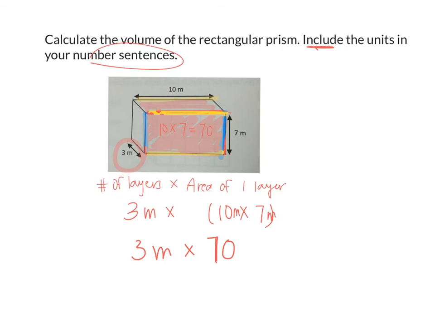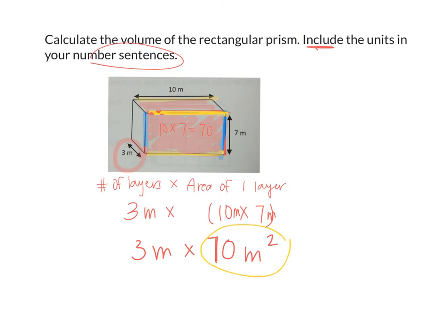If I'm finding an area, remember 10 times 7 is the area of that front face. So what kind of meters do we use for area? Square. Remember, if I'm finding area, I'm using these square units to cover up that area, right? So it should be square meters. If you do not have the correct units for this part, you also do not show me your complete understanding.